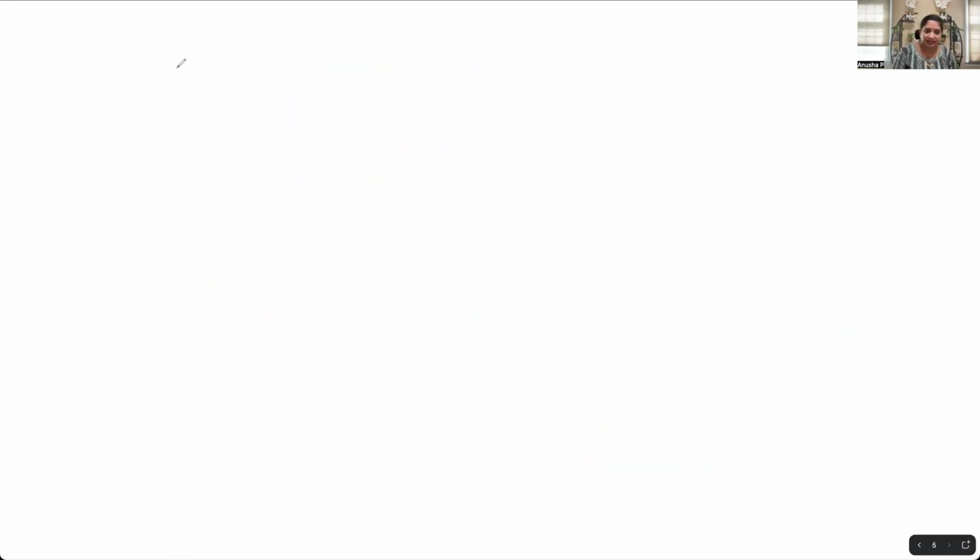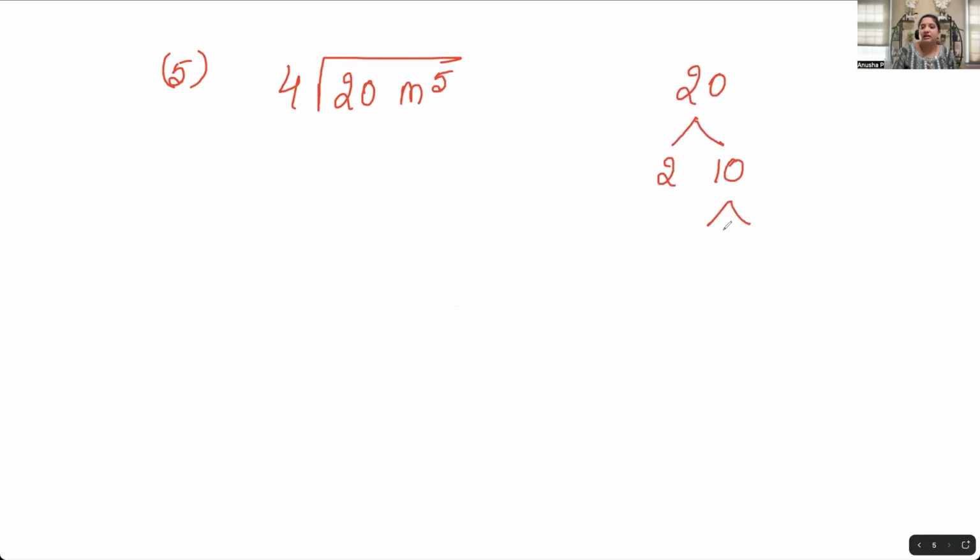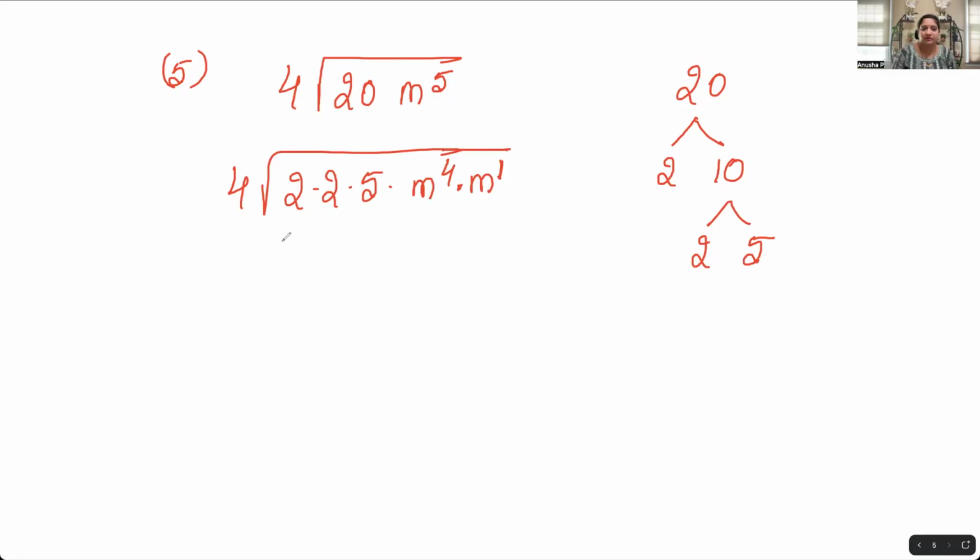Now, the last example. 4 square root of 20 m to the power of 5. 20 we can write as 2 times 10, and 10 is 2 times 5. So 2 times 2 times 5, and m to the power of 5 we can write as m to the power of 4 and m to the power of 1.